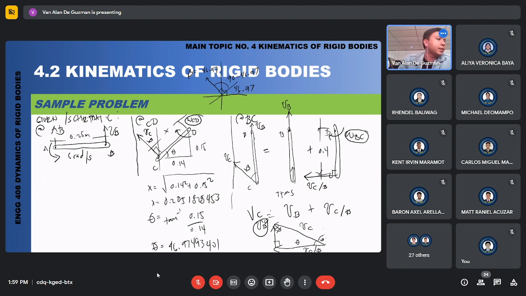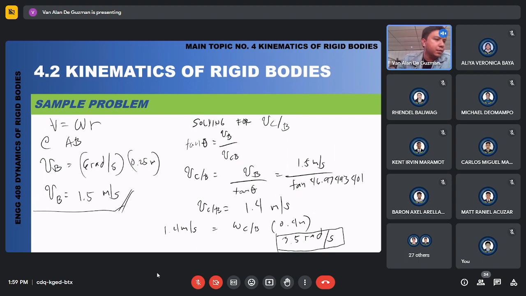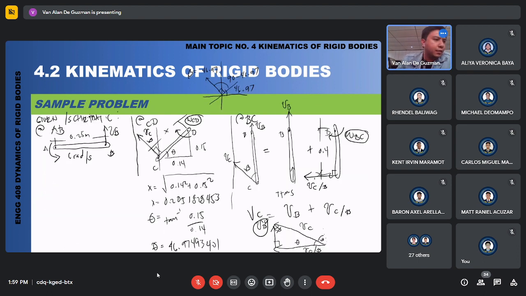Sorry, mali. Dito natin kailangan ipakita yung, kasi ano ba yung kulungan natin? BC relative to B. Okay, sige, tama.